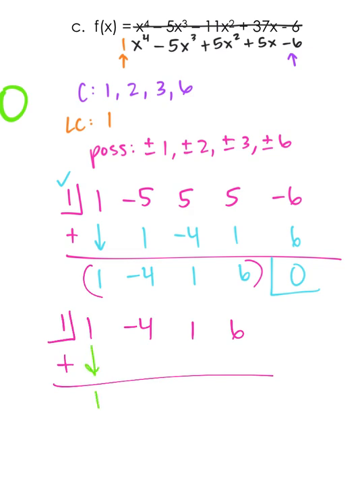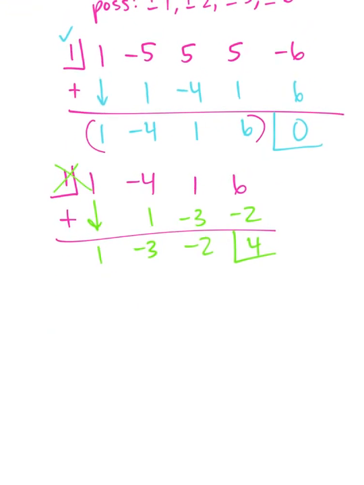Bring down the 1. 1 times 1 is 1, plus negative 4 is negative 3, times 1 is negative 3, plus 1 is negative 2, times 1 is negative 2, plus 6 gives me 4. So unfortunately, 1 is not a duplicate answer.